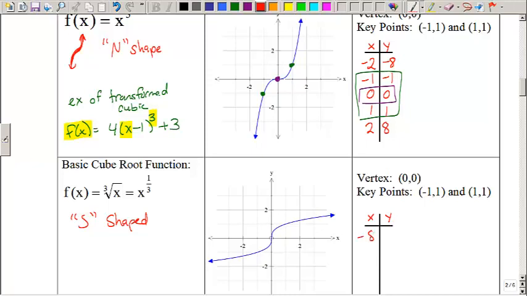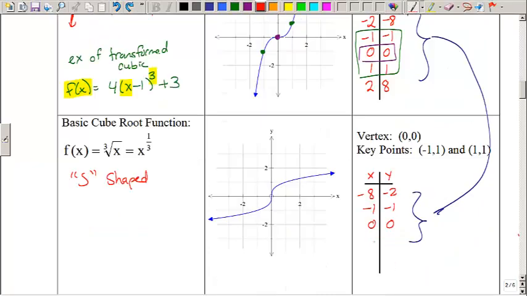The cube root of negative 8 is negative 2. Notice that I'm getting this from the previous t-chart. The cube root of negative 1 is negative 1. The cube root of 0 is 0. The cube root of positive 1 is 1, and the cube root of positive 8 is 2.